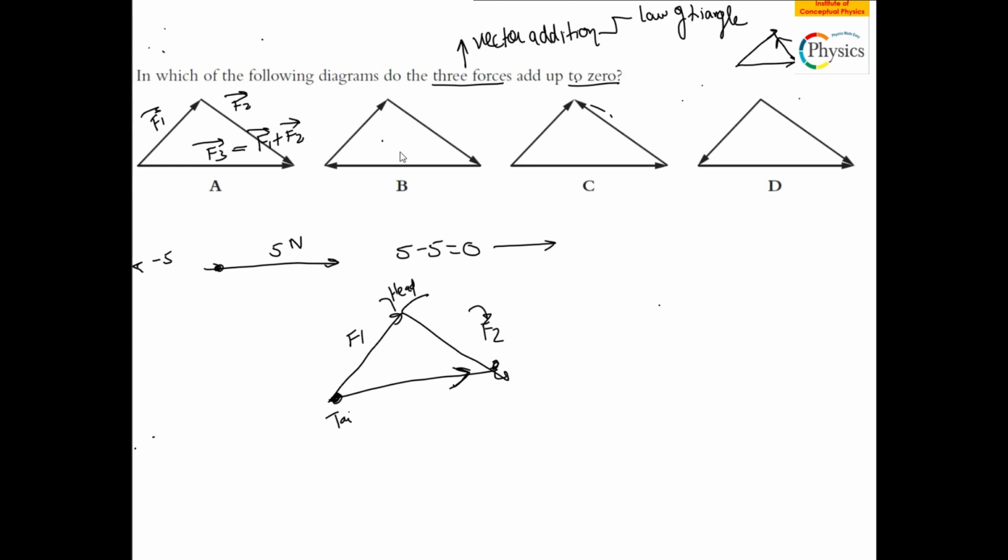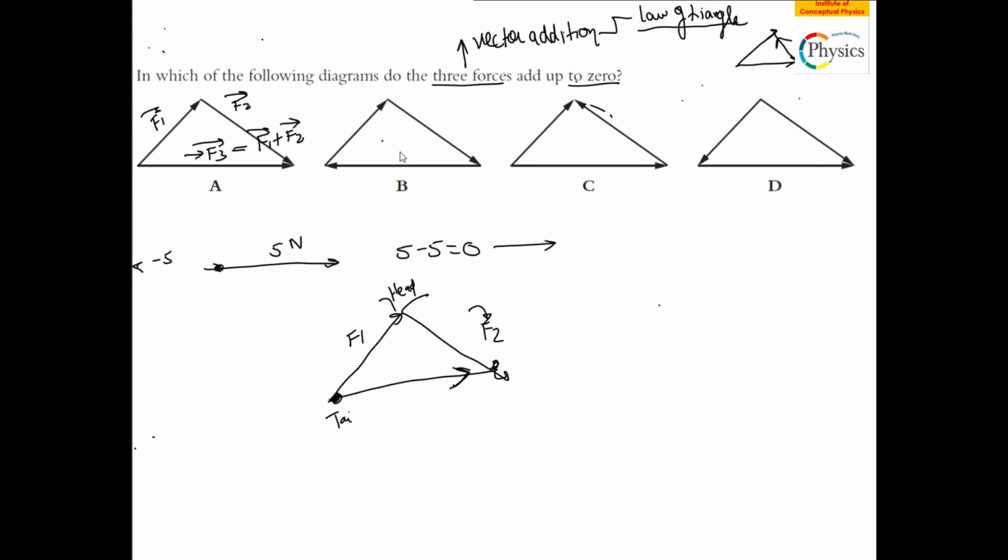So in figure A, F3 is the resultant of F1 and F2, and there is no way you can organize these three forces to get a 0. How do you organize three forces to get a 0? We will discuss that. But I used one logic, which is the law of triangle of vector addition, and what I saw was that the third side is actually the resultant. And really the resultant doesn't make all three forces 0.